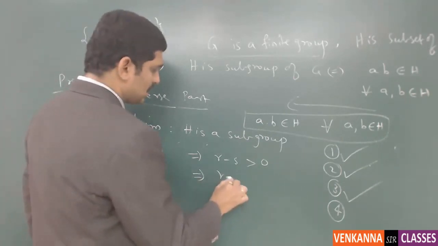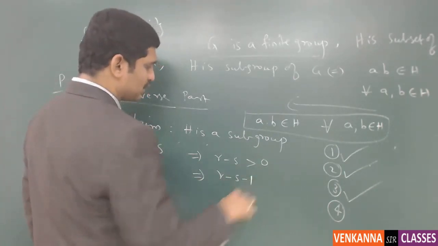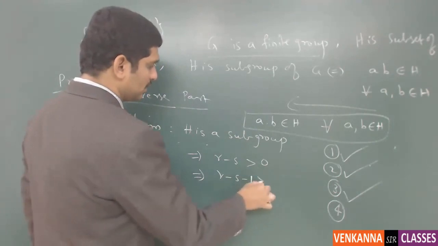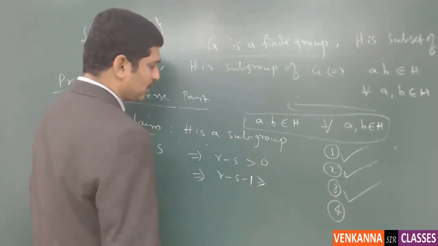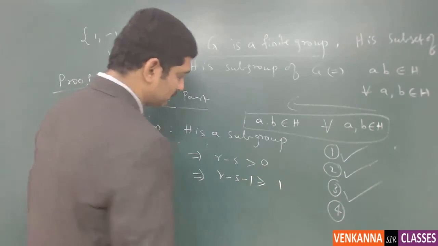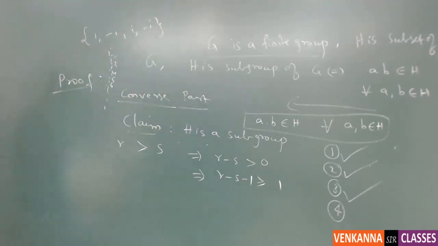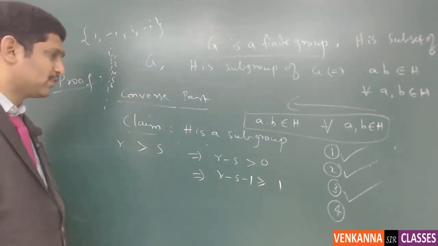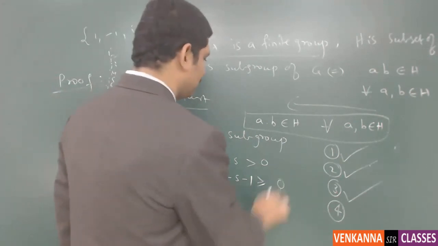Implies R minus S minus 1 is greater than or equal to 1. Or you can say R minus S minus 1 is greater than or equal to 0, that we can say.